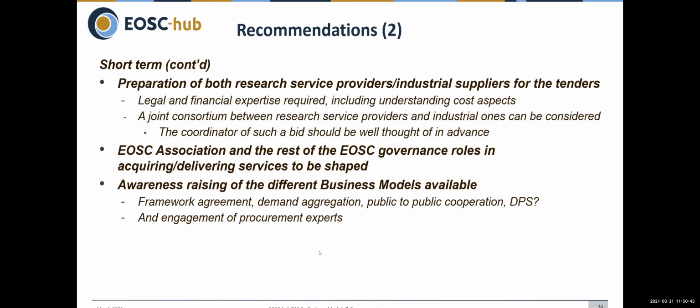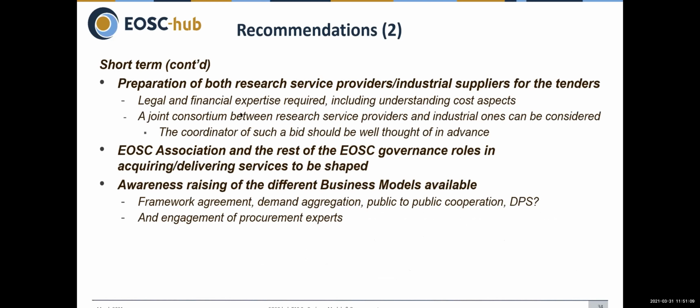Then, of course, in parallel, the public research providers and the industrial suppliers need to do their homework to prepare for the first tender: getting the legal and financial expertise, understanding the limitations and whether they can be overcome, and also better understanding the cost in case they submit a bid.